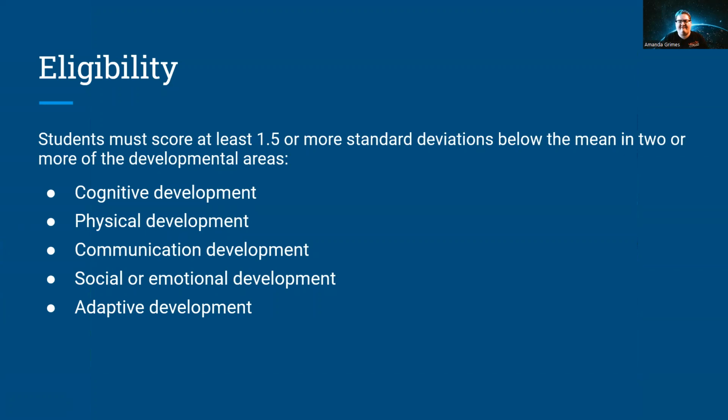And again, that average is those milestones that are thought to be the standard growth rate and milestones of an average child that's not facing any sort of developmental delay or disability. So that again is our cognitive, intellectual development, physical development, communication development, social and emotional, and adaptive development.